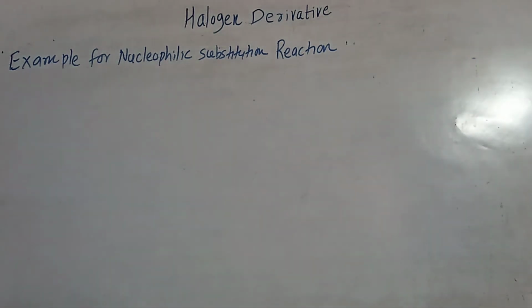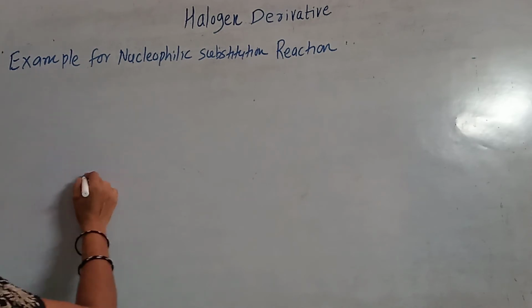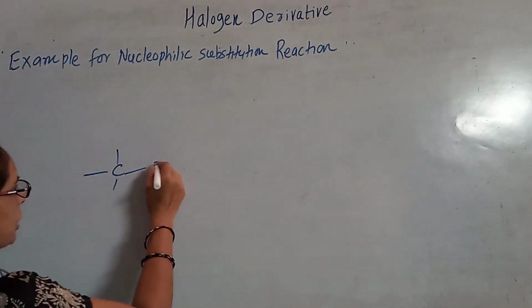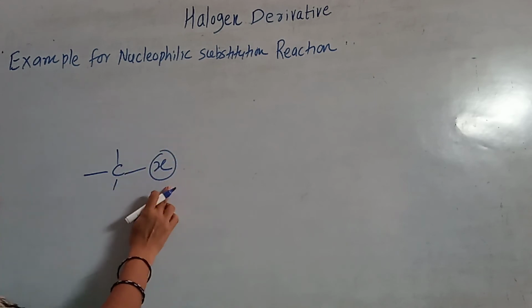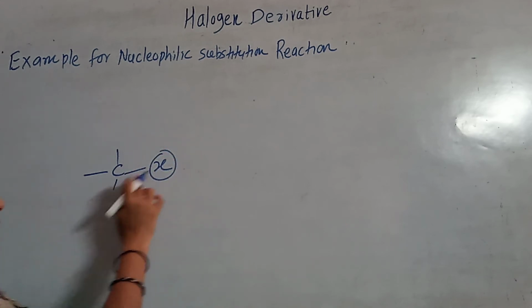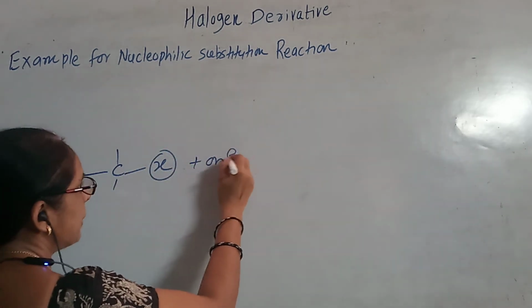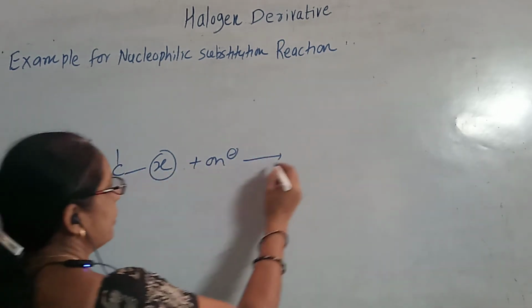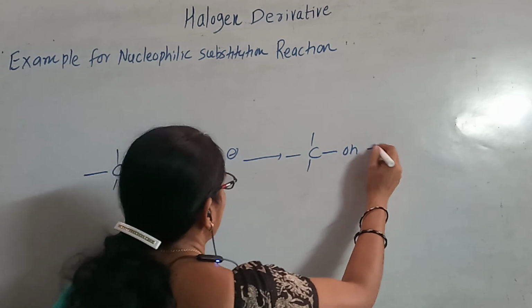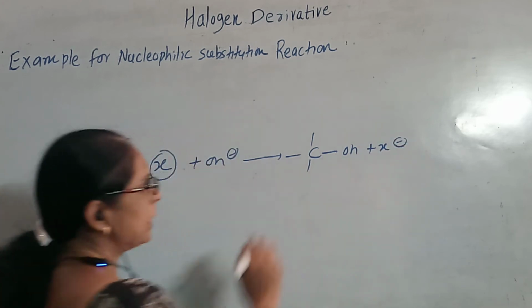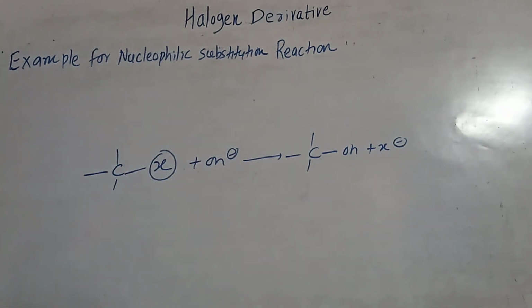Okay, so how do we represent the nucleophilic substitution reaction in general? In the nucleophilic substitution reaction of alkyl halide, the atom or group of atoms attached to the carbon of the substrate will be replaced by another atom or group of atoms without changing the hybridization state of the carbon, and that type of reaction is called a substitution reaction.